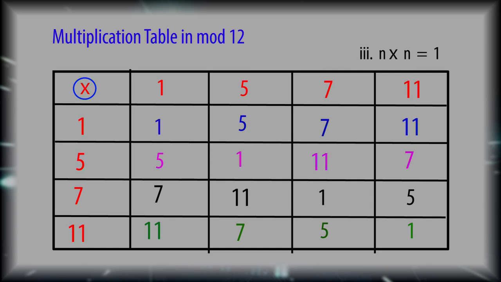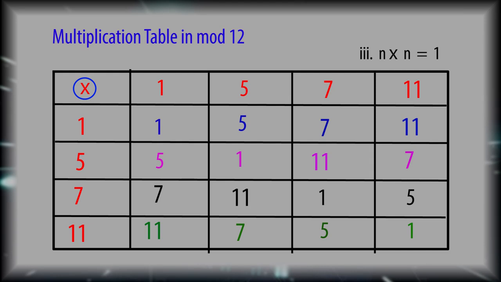For the third question, we are supposed to find the value of n so that n times n will be equal to 1. Now from the table, you can see that 1 times 1 is 1. Can you find any other number? 5 times 5 is 1. 7 times 7 is 1.